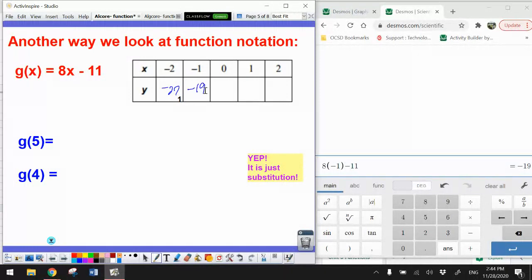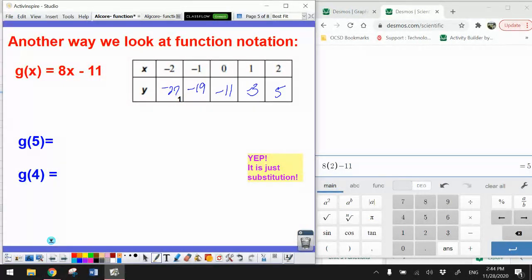And if I change it to a 0, it's going to be a negative 11. If I change it to a 1, I'm going to get negative 3. And if I change it to a 2, it's going to give me a 5. Okay, so I just filled in that table.